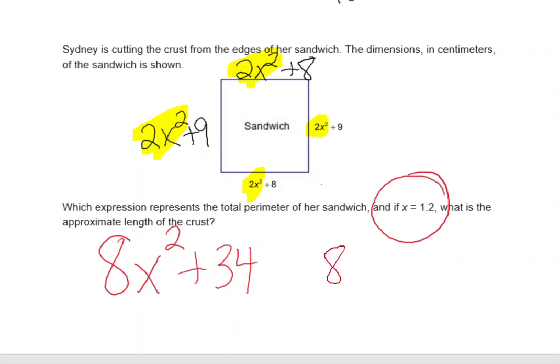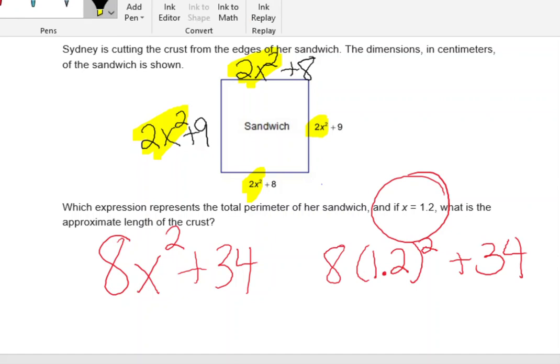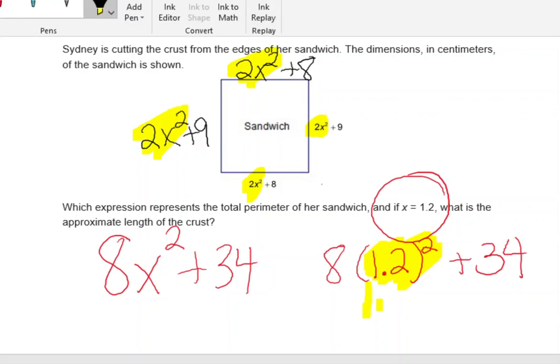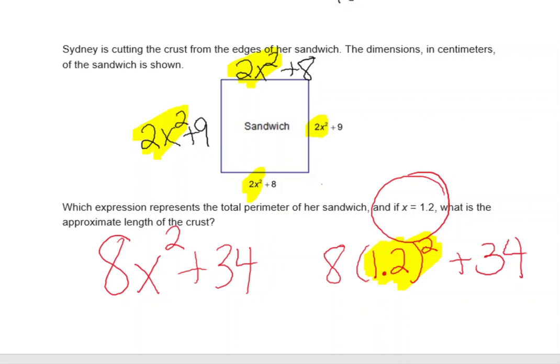So I'm going to substitute 1.2 for x, and you have to be really careful here. Exponents in order of operations come first. So the x is being squared. So I'm going to use a calculator and figure out what 1.2 times 1.2 is, and that is 1.44.